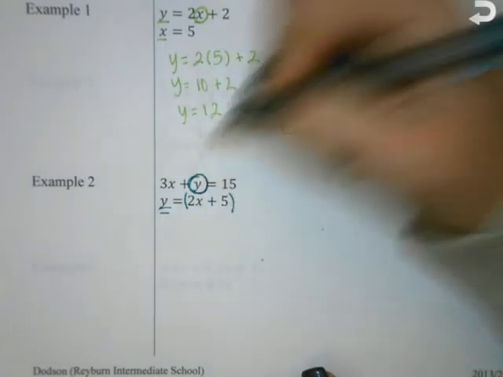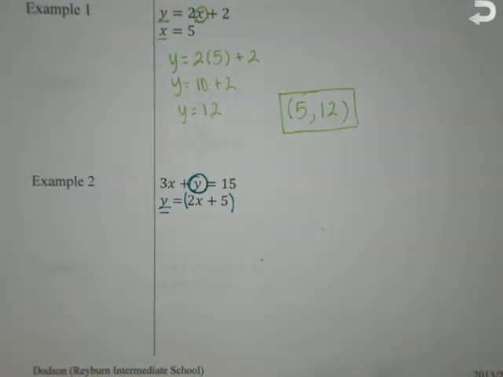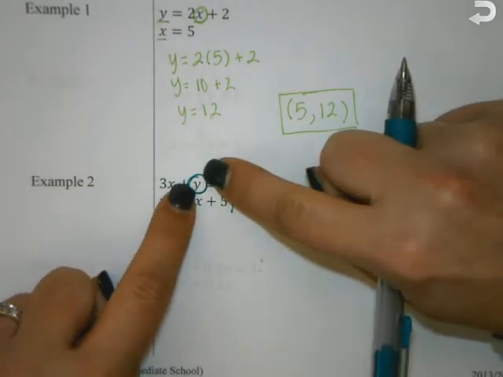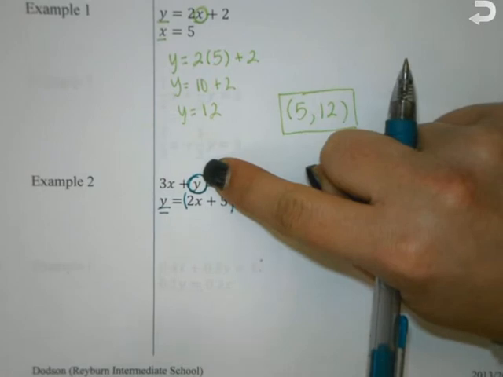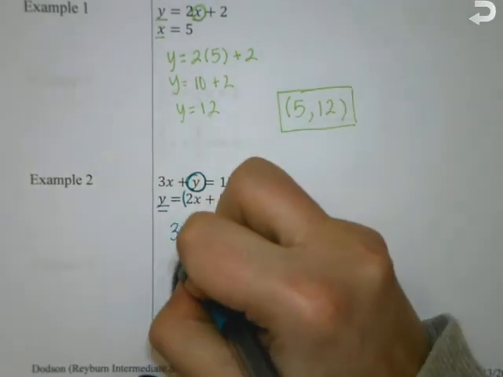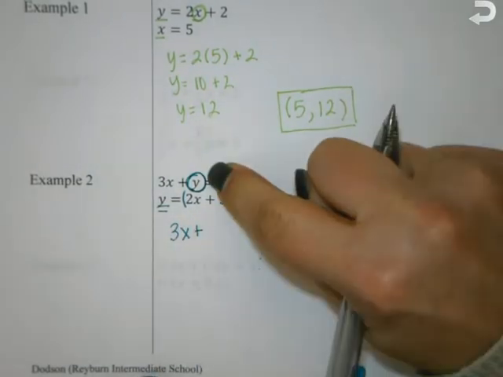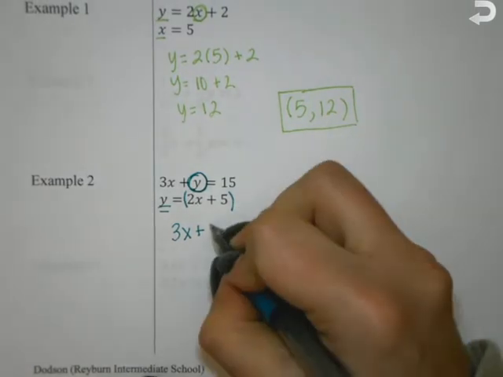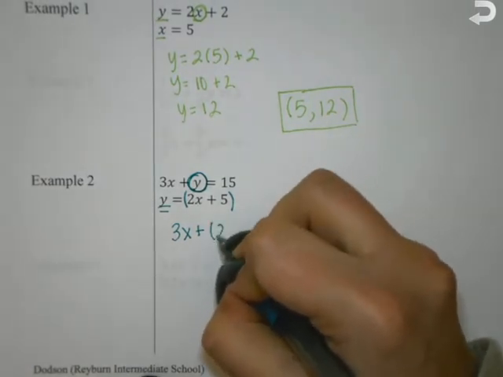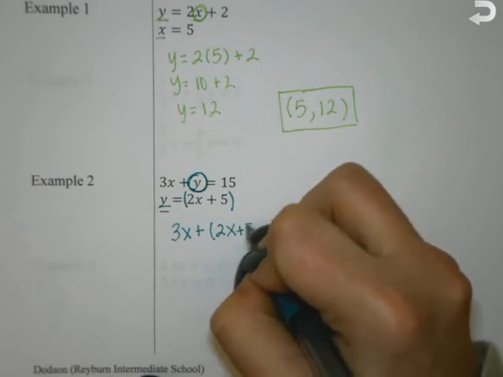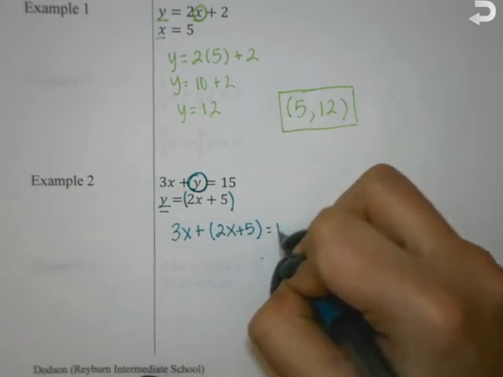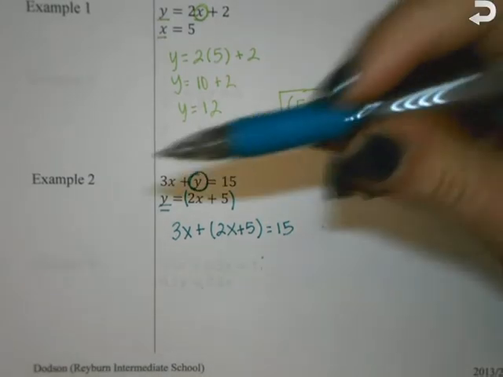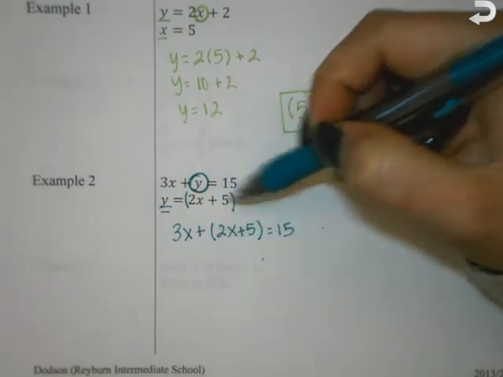So what we are going to do is we are going to plug in 2x plus 5 for y in the first equation. So it's going to give me 3x plus y, but we know that y is equal to what? 2x plus 5. So let's do plus in parentheses 2x plus 5 equals 15. Now I have plus a parentheses, so what do I need to do first?